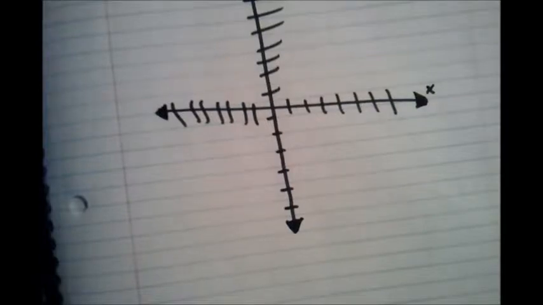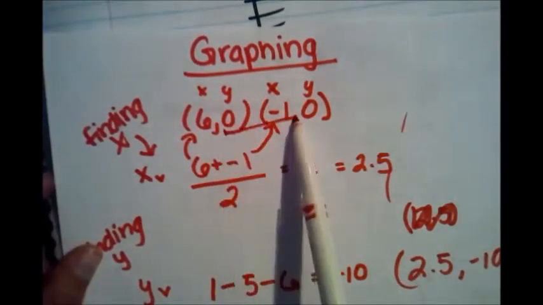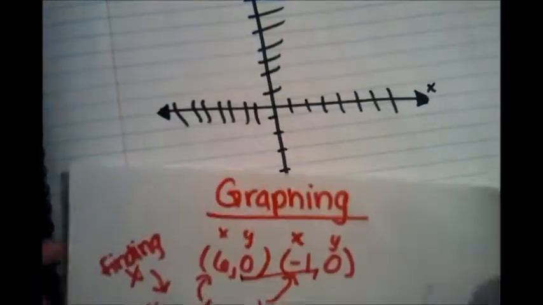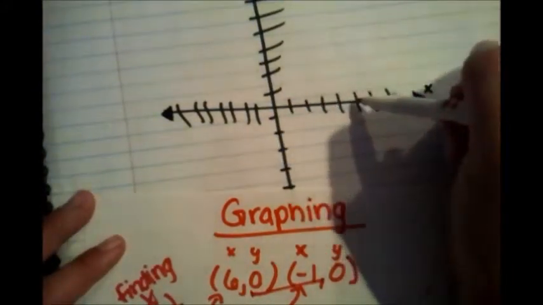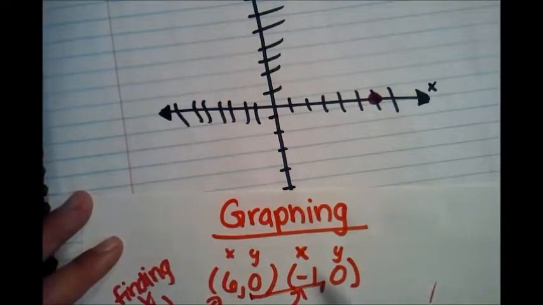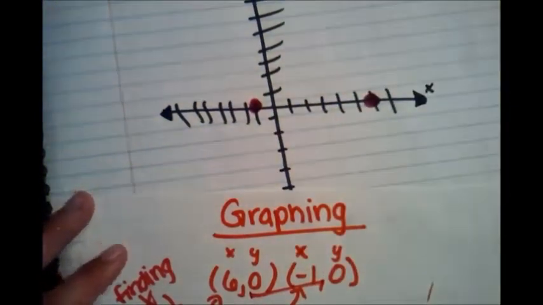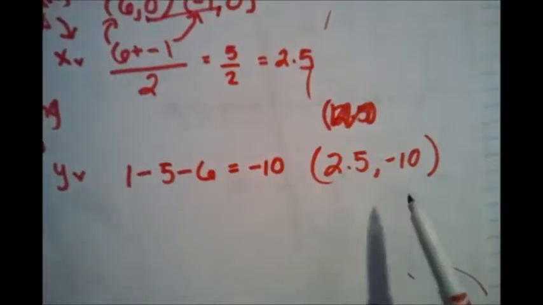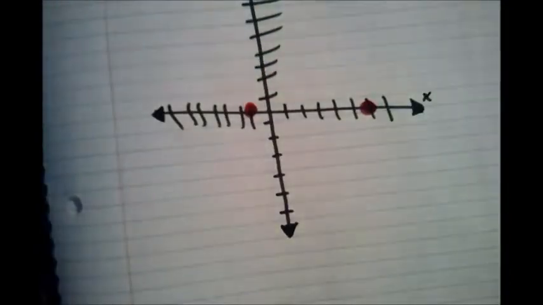You will be plotting all three of the points we just found. Start by plotting 6, 0 and negative 1, 0. Now you can plot the axis of symmetry 2.5, negative 10.